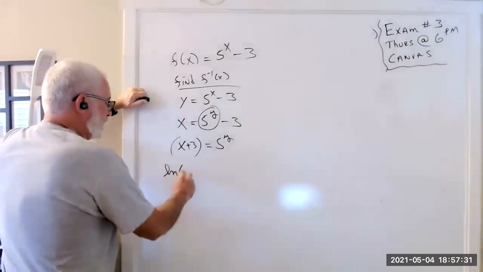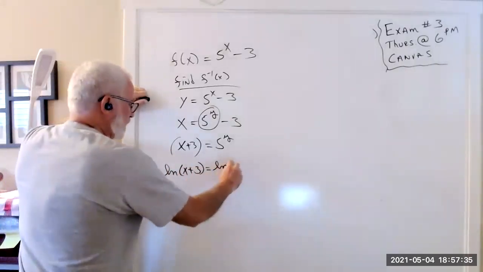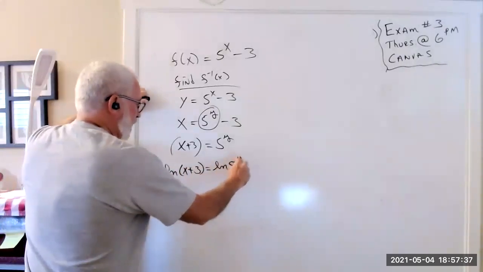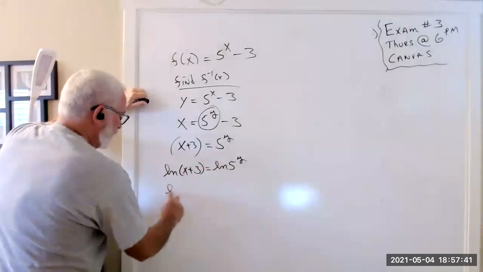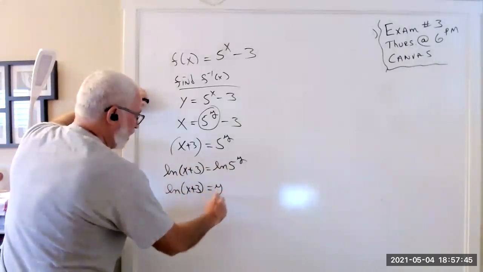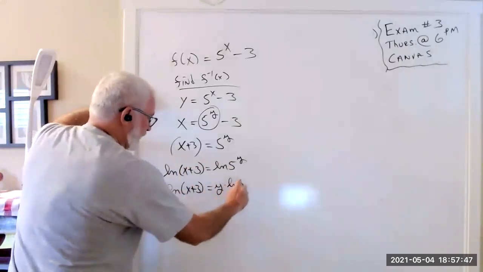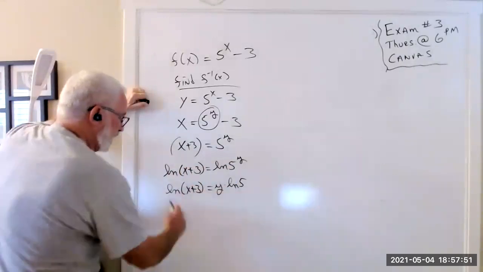We've been taking the ln of both sides equals the ln of 5 to the y. That allows me to bring the y down. So the ln of x plus 3 equals y times the ln of 5. Divide both sides by the ln of 5.